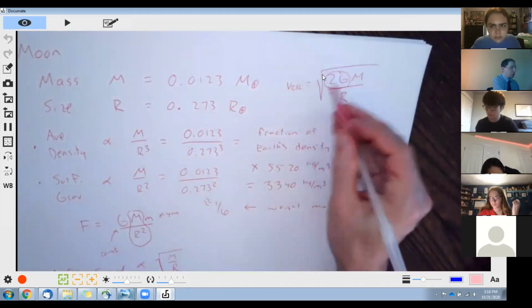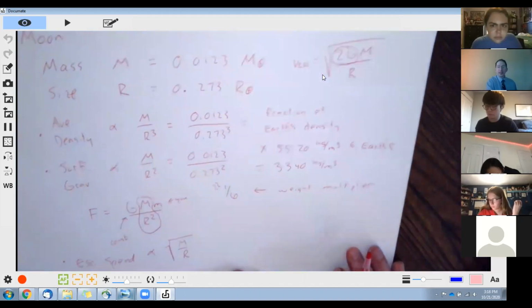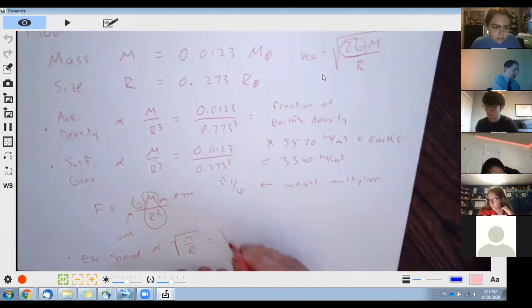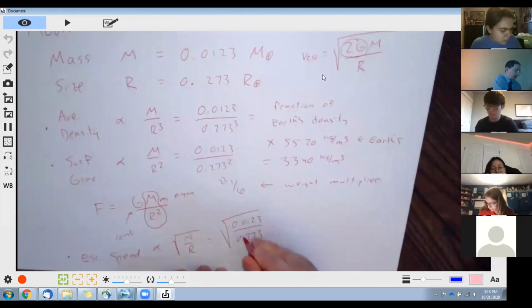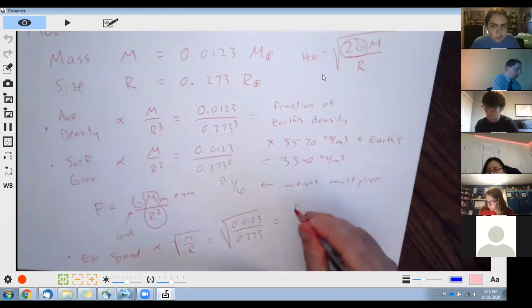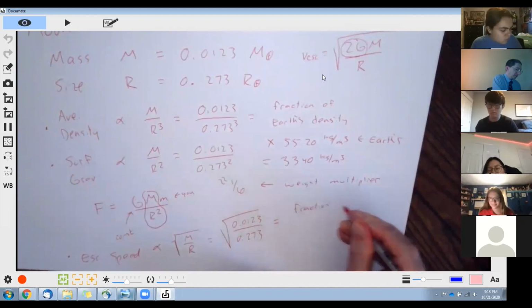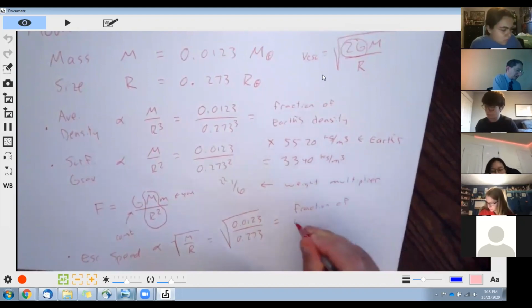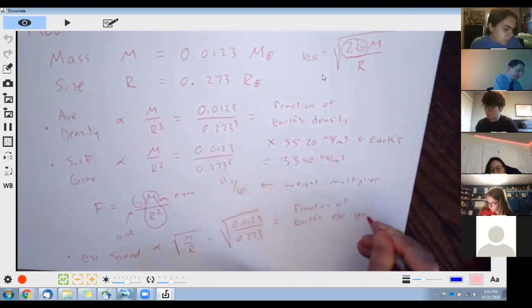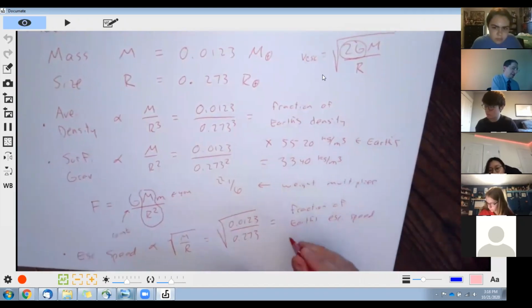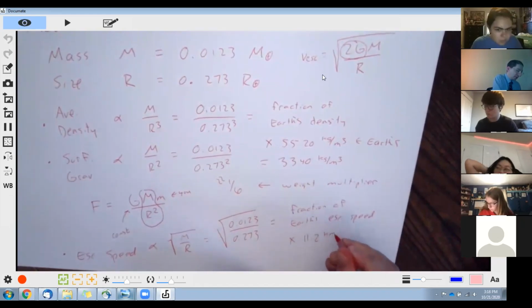So the rest is the square root of mass over r. If we do it in Earth units, that's the square root of 0.0123 divided by 0.273. And it equals something which I'll write in words, fraction of Earth's escape speed, which you can then multiply by Earth's escape speed, which is 11.2 kilometers per second.